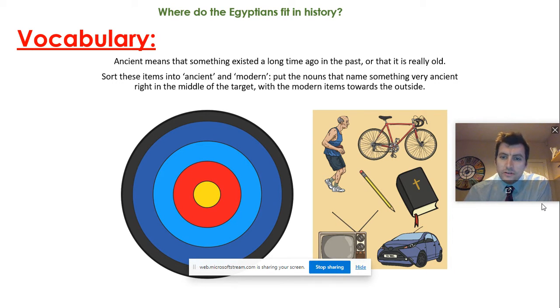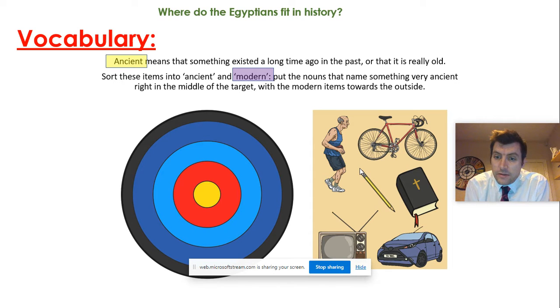What I'd like you to do, if you look at this picture, is you're going to try and think about how you could sort these images in this picture between those that are ancient and those which are modern. So there's some nouns, so some things in this picture. There's a gentleman, a bike, a Bible, which is indicative of the period when Christians believe Jesus was alive.